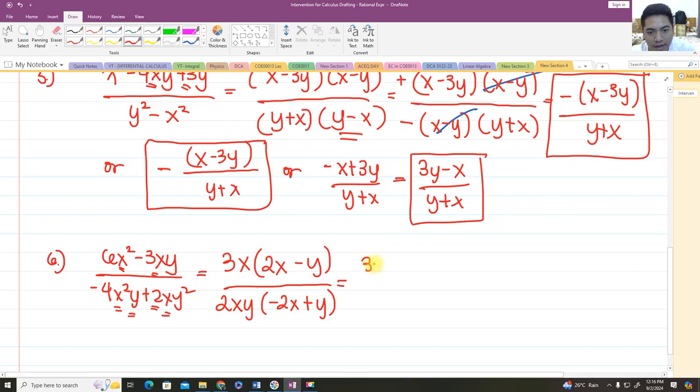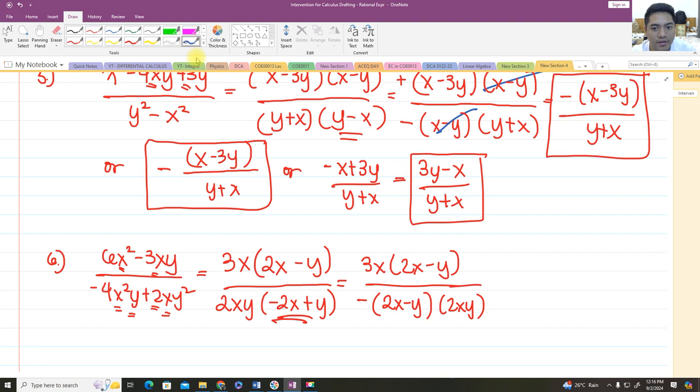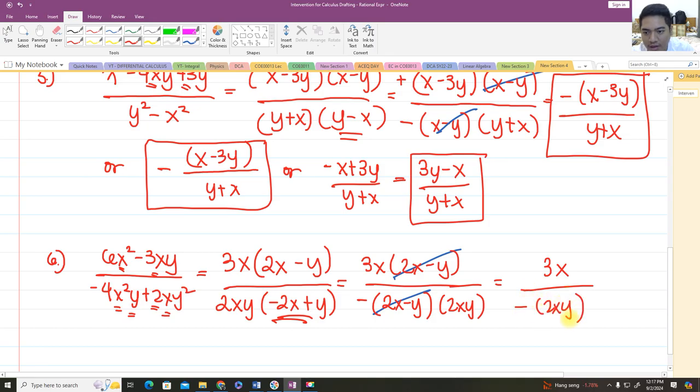So you have 3x, 2x minus y. I can factor out again the negative sign. So if I factor out the negative sign, this becomes 2x minus y. Here, I can factor out the negative, so that you have 2xy here. So as you can see, 2x minus y will now cancel. You can always factor out the negative 1 sign. So you have already 3x all over negative of 2xy.